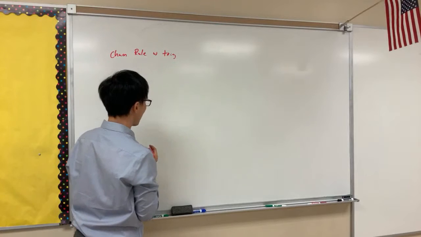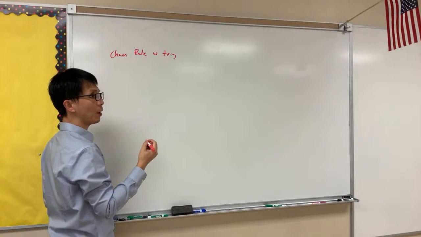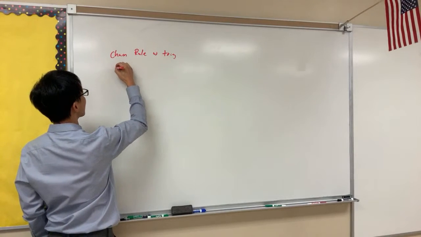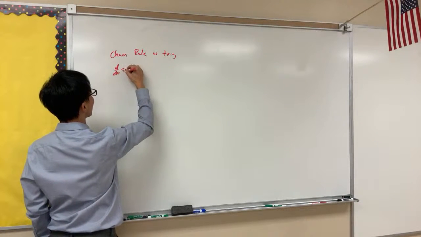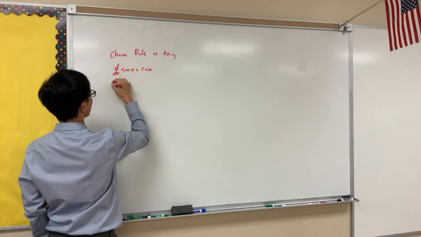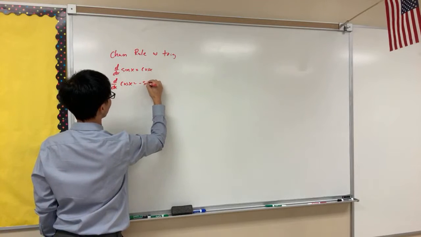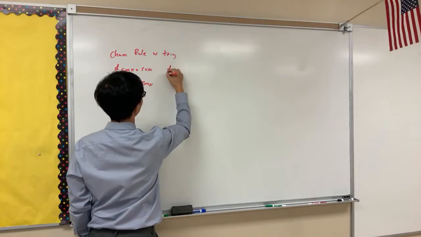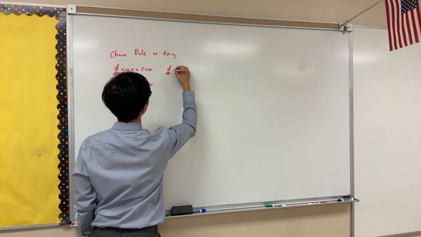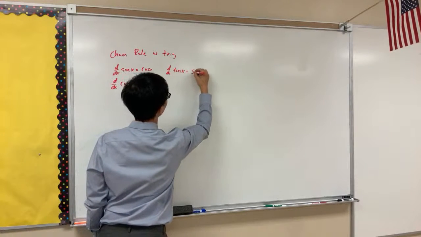Okay, so let's start. You know how to take the derivative of all the functions, right? What is d/dx of sine of x? What's d/dx of cosine of x? What is d/dx of tan of x? Secant squared x.